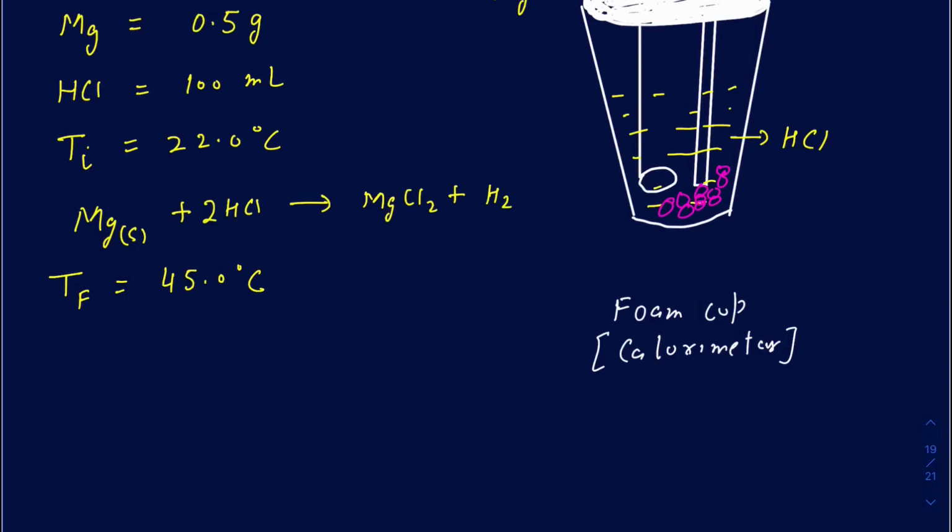So when the reaction took place between the magnesium and the HCl, it was actually an exothermic reaction, so it released heat. So I'll say the heat lost by the reaction is going to be equal to the heat gained by water. And I can probably say the calorimetric cup.